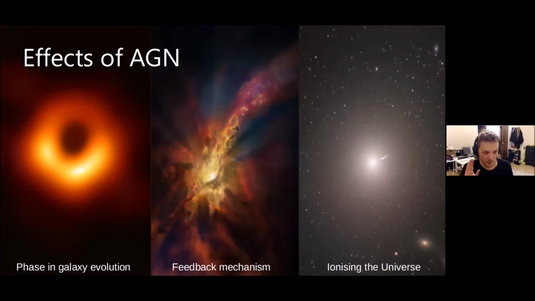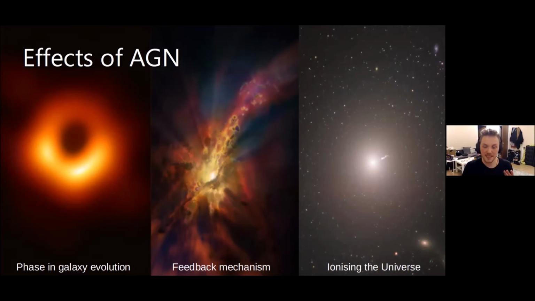So we know today that all galaxies have a supermassive black hole at the center, but some are not active. So for example, in our Milky Way, we have a supermassive black hole in our backyard, but it's not an active galaxy. It's not an AGN. It might have been in the past, but it's not anymore.